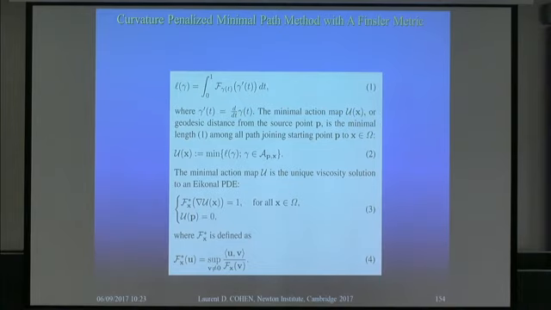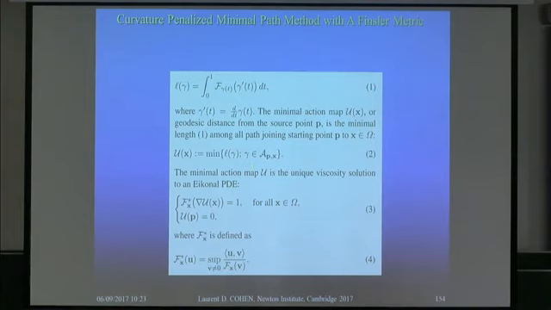What we do here, first I will say the general case of the Finsler metric. You have a metric where the length of a curve gamma is defined as the integral of F gamma of gamma prime of t, which is a general formulation of a metric depending both on the location and the orientation. Gamma prime here corresponds to the orientation of the curve. And then, the same way as we did before, you define for a starting point p, and for any point x in the image domain, u of x as the minimum length among all paths that join p to x.